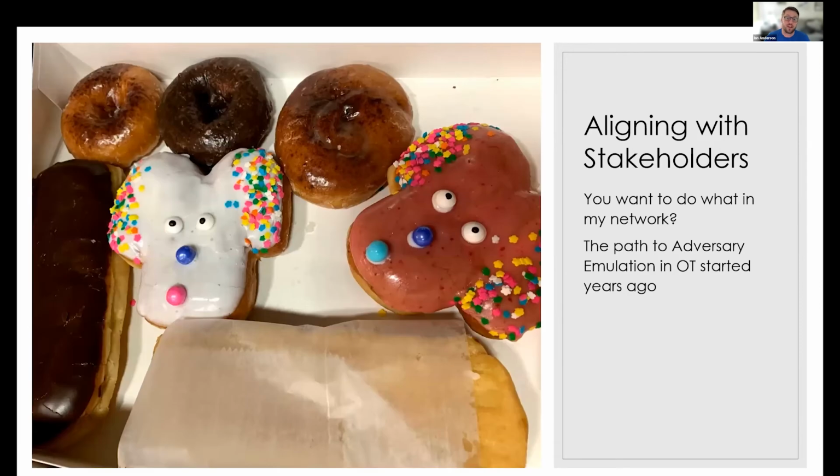So if you're interested in adversary emulation, the path to adversary emulation in OT should have started years ago. And really, any sort of OT security should have started years ago. So we were asked, with the things that are going on, with the war in Ukraine, there's a lot of questions about like, should we deploy anything?